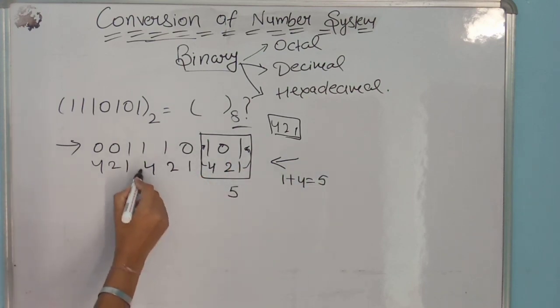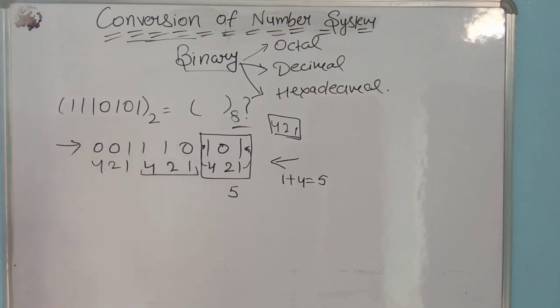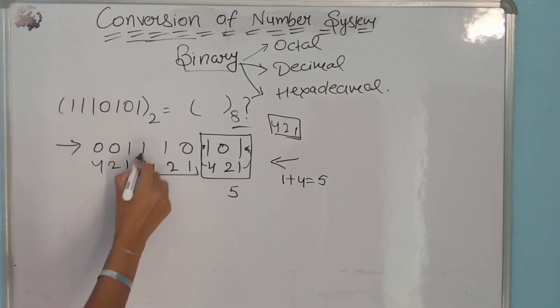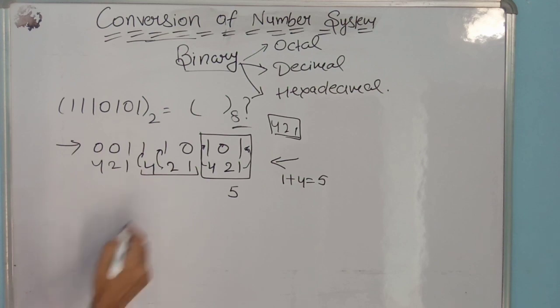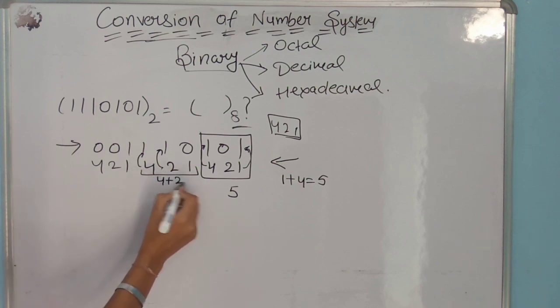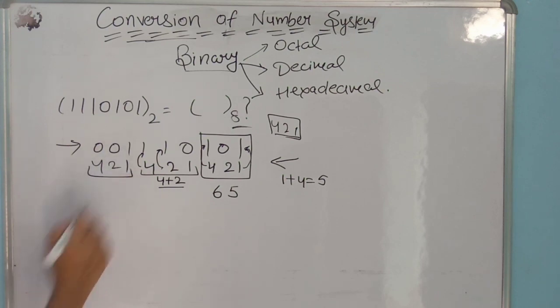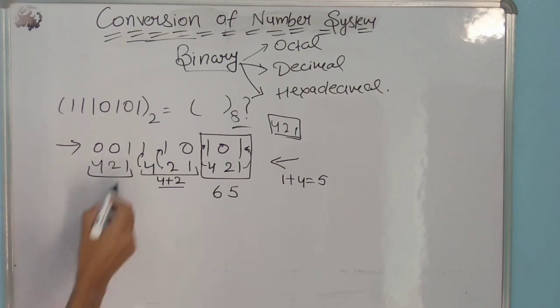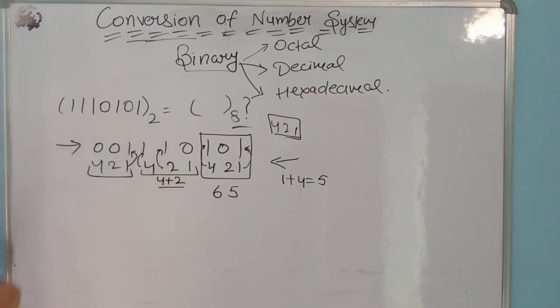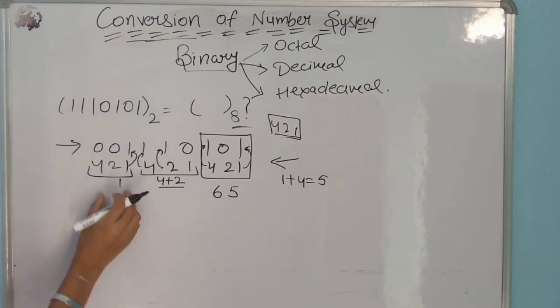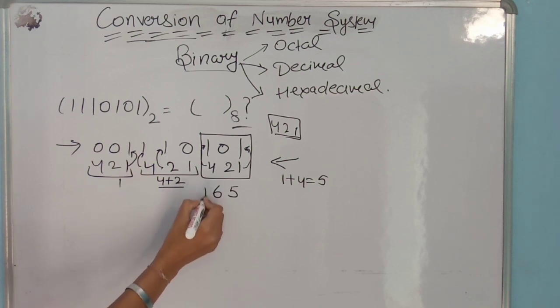Now in this group, the on bits are at the position of 4 and at the position of 2. So now we add 4 plus 2. 4 plus 2 is 6. Now in this group, the on bit is in the position of 1 only. So the meaning of this group is 1. So now we insert 1 here.